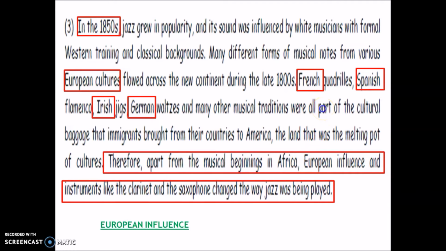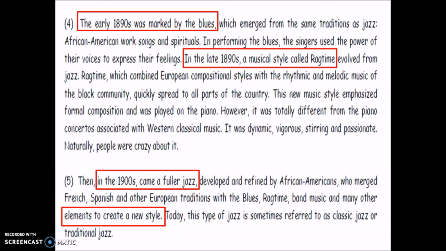Very good. And in early 1890s, we see the blues. It was marked by the blues. And in 1890s, we have a musical style called ragtime, evolved from jazz. In 1900s, here comes the fuller jazz, a new jazz style.